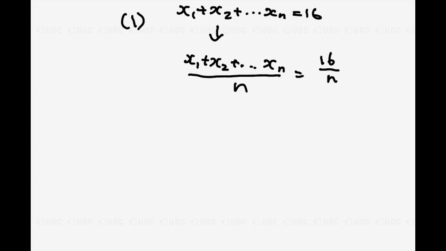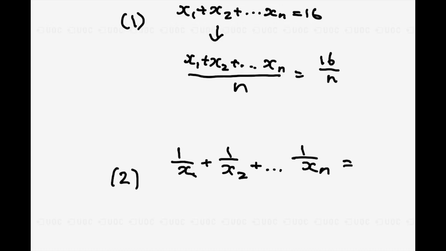So now we can take the second equation. We have 1 over x1 plus 1 over x2 plus ... 1 over xn equals 1. So from here we can say that 1 over this entire thing is also equal to 1.